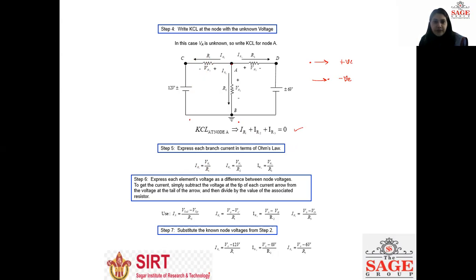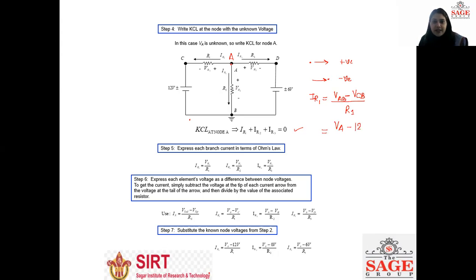So basically I can write IR1 as the voltage between VA minus VCB upon R1. VAB we have to calculate, we can write A also, and VC is minus 12.